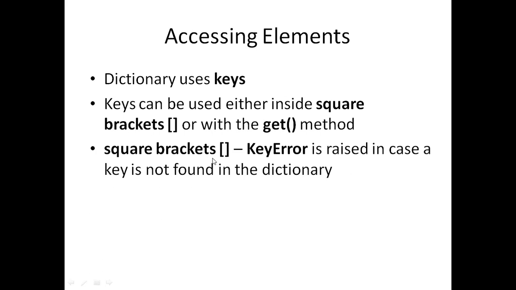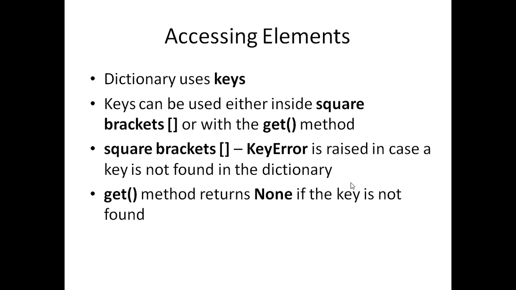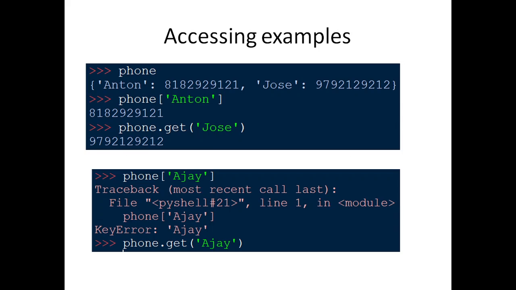If we use square brackets, a key error is raised if the key is not found in the dictionary. In the case of the get method, it will return None if the key is not found. That's the difference between square brackets and the get method. We can use either to access an element.